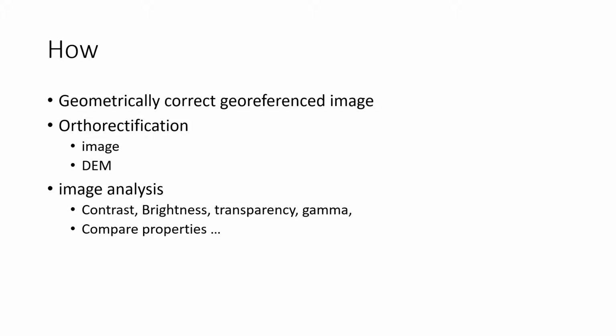Ultimately, we'll end up with geometrically correct georeferenced images, in other words, ortho rectification of images, or digital elevation models. That's all you really need to create an ortho photo. We can use our image analysis to look at contrast and brightness and transparency and gamma, all these other things to compare properties.